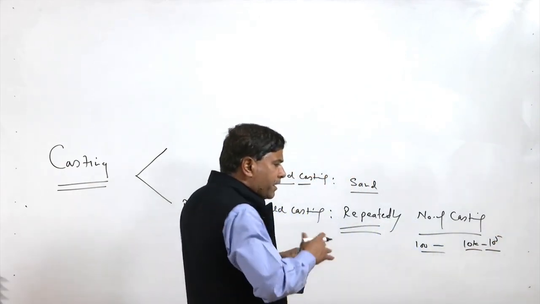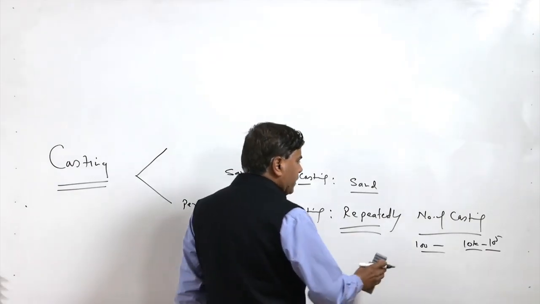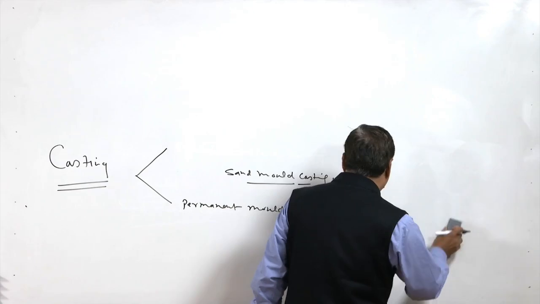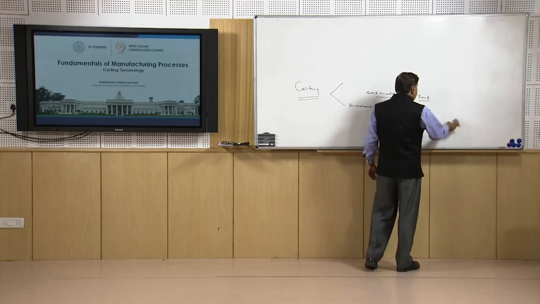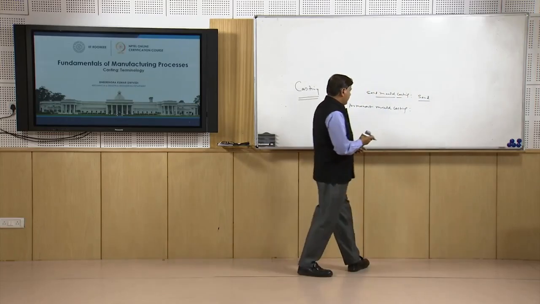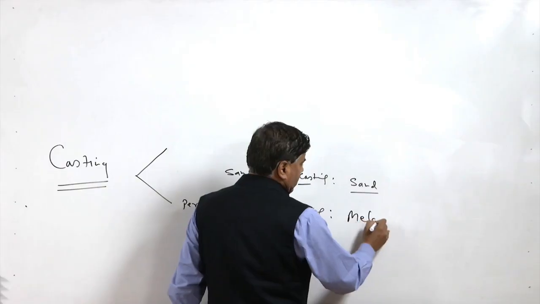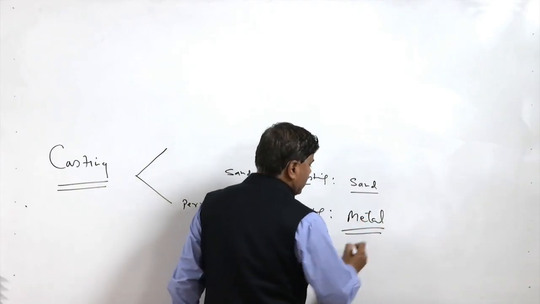So, depending upon the volume of production, metallic molds or other types of permanent molds are prepared. Permanent molds are mostly made of metals.